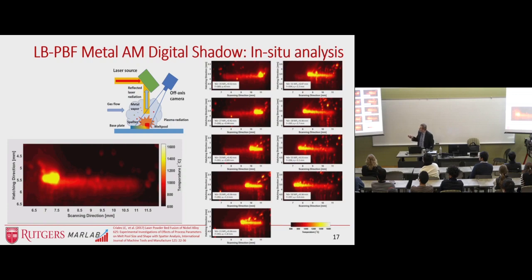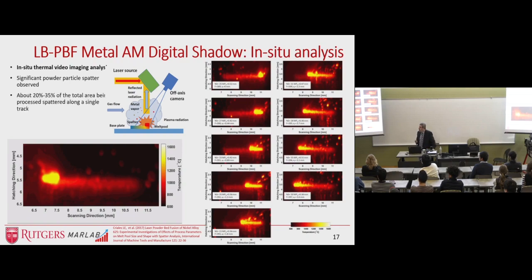So that's how infrared works in a way. And then we can obtain in-situ thermal video imaging analysis, significant powder particle spatter, and about 20 to 35% of the powder is spattered. So we should get zero spatter in an ideal situation.